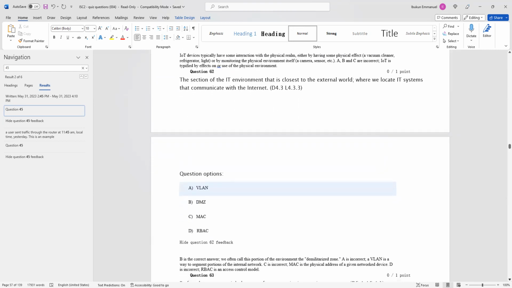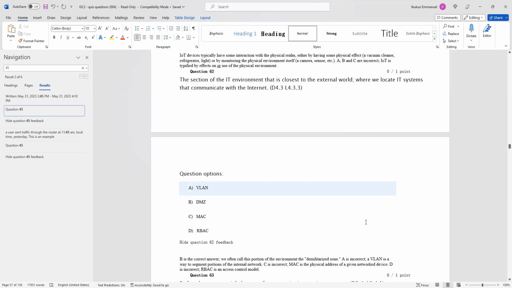Okay, the section of the IT environment that is closest to the external world, where we locate IT systems that communicate with the internet. Now, this question, I'd like us to actually understand this as well. The answer is the DMZ, demilitarized zone. What is a DMZ, please?